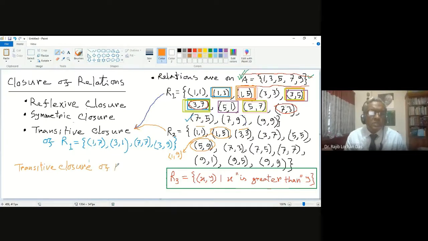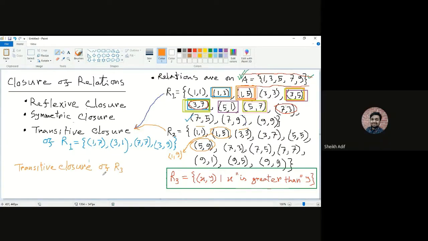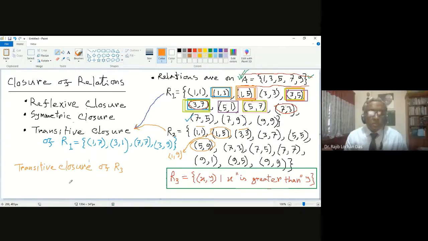We only have x, y in R3. In R3, x is always greater than y. So x is always greater than y means 3 comma 1, 5 comma 1, 5 comma 3, 7 comma 1, 7 comma 3, 7 comma 5, 9 comma 1, 9 comma 3, 9 comma 5, 9 comma 7.